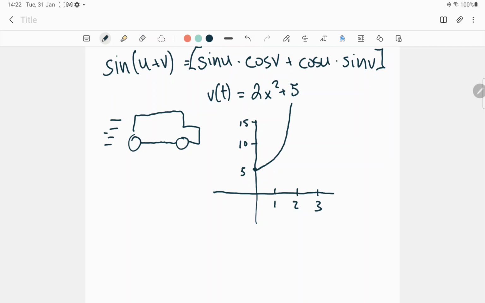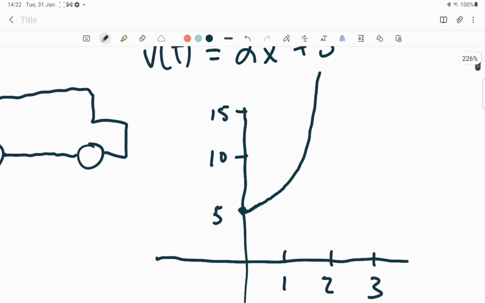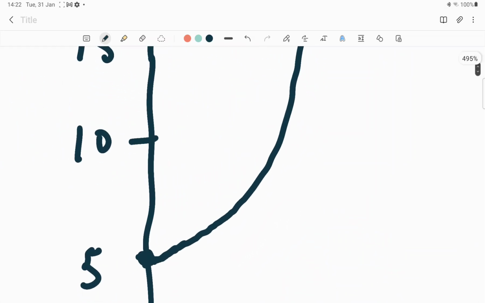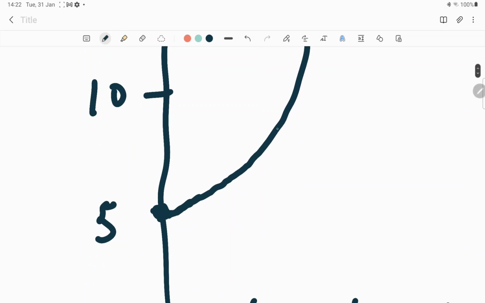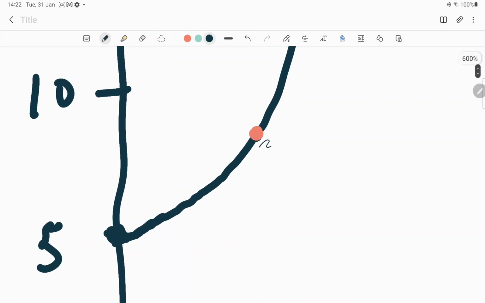But the idea is, when we take the derivative, we want to know the instantaneous rate of change. So I'm saying, I want the speed at which the car goes at, let's say, right here. So the idea is that I take a small value in x, and then I get a small value in y, so I get, let's say, delta y, and then delta x.